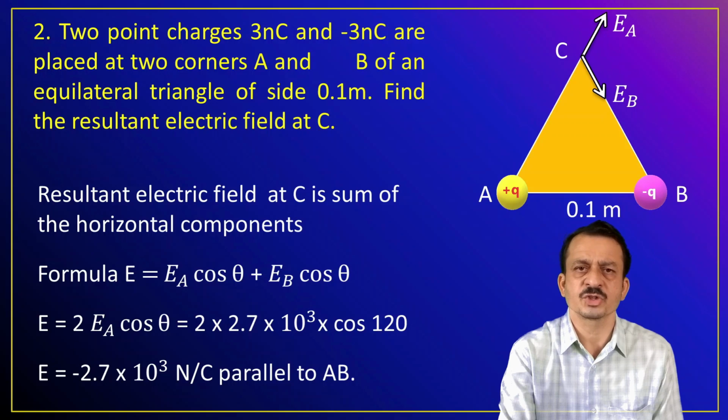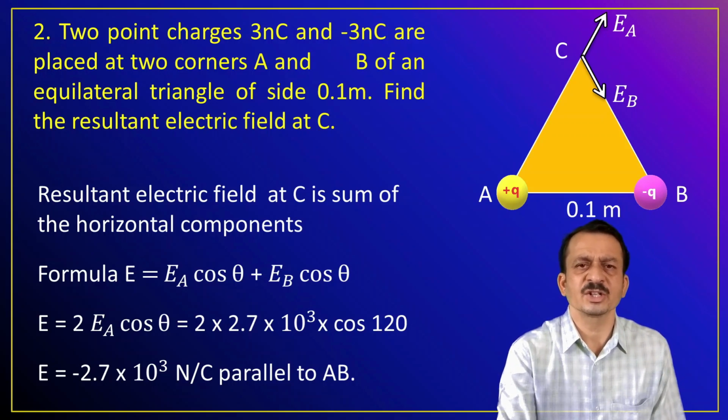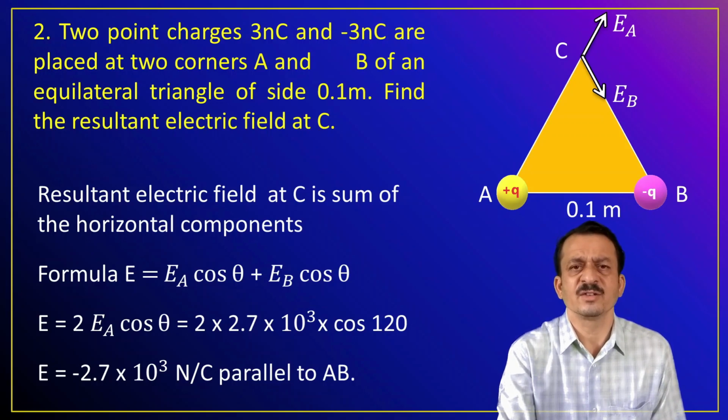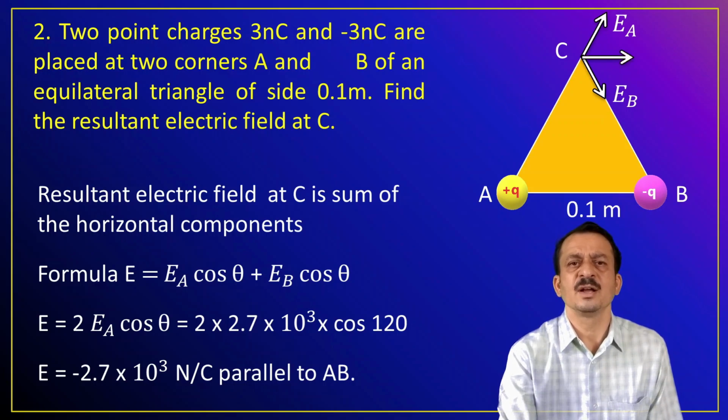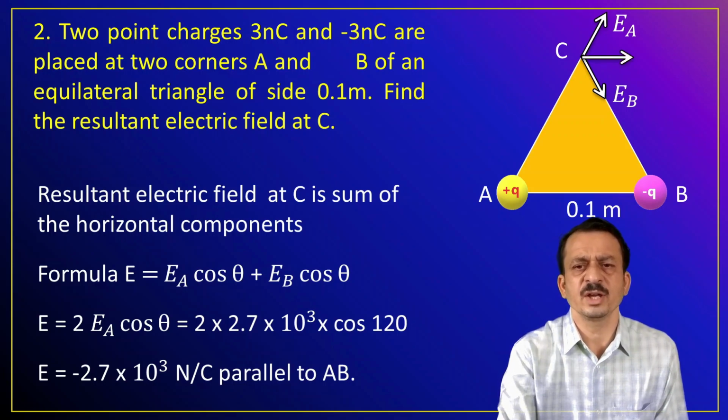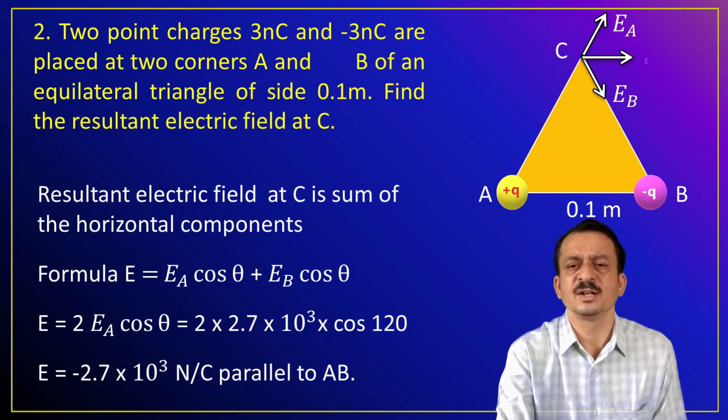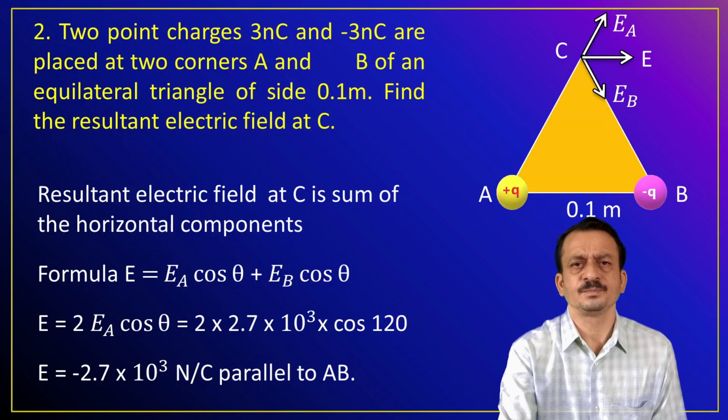At A we have a positive charge, at B a negative charge. Therefore, the dipole moment direction is from B to A, and the resultant electric field is from A to B. It is along the AB direction, parallel to AB, as shown in the diagram. That is the second problem.